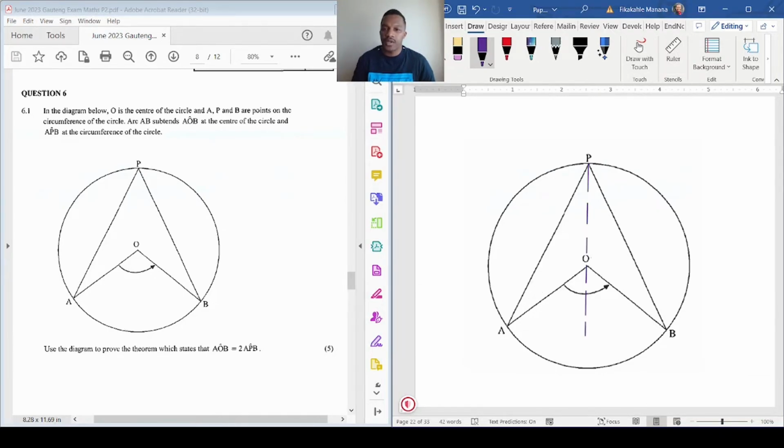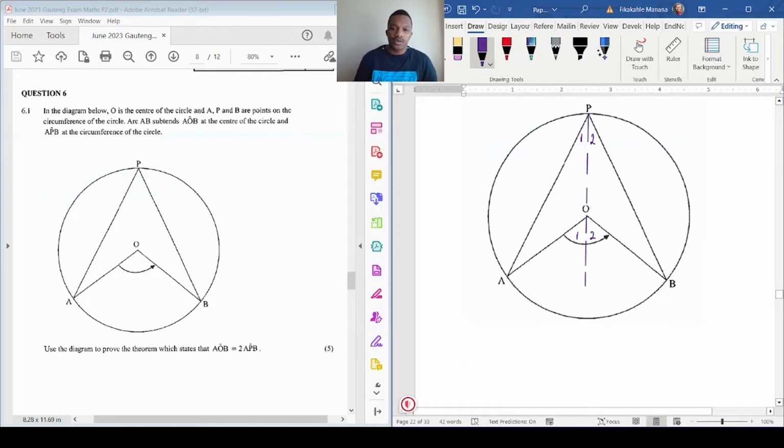Okay, thank you, ruler. And then we'll have O1 there, O2 there, and then we'll have P1 there and P2 there. So basically what we just did is bisect the angle at the center, and also bisect the angle at the circumference.